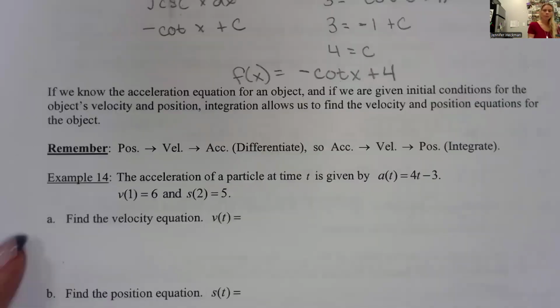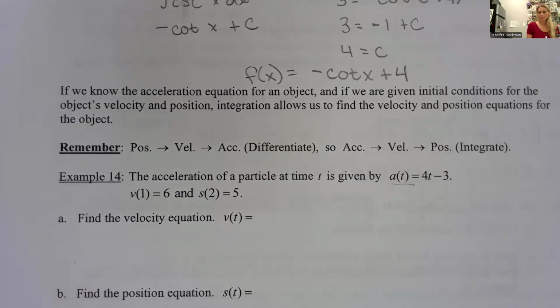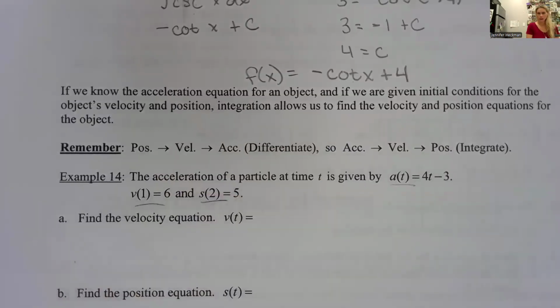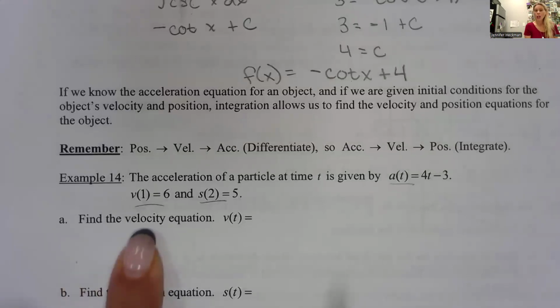So we are given right here that a of t is 4t minus 3, and we are given an initial condition, like t is 0, the starting.